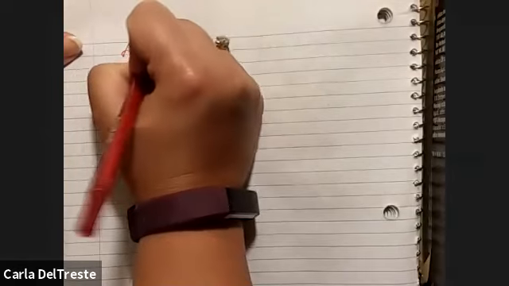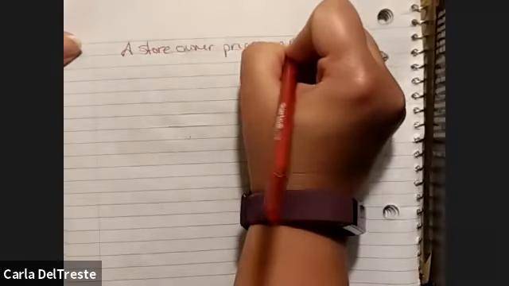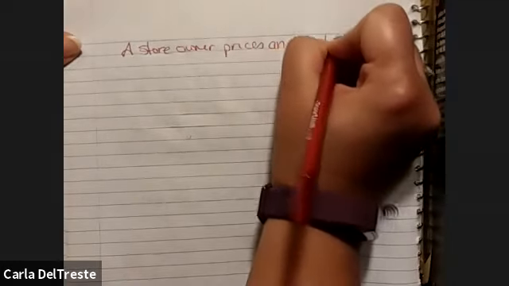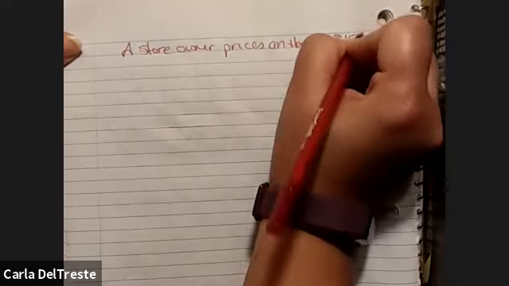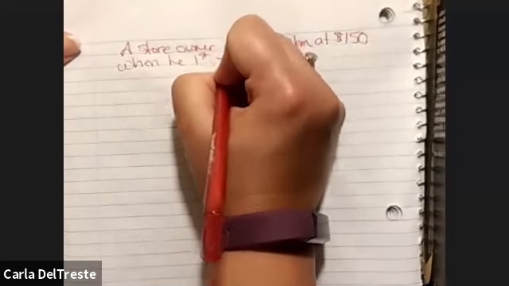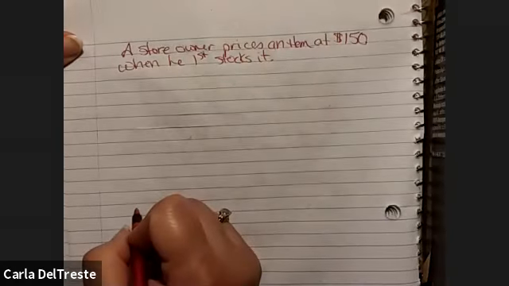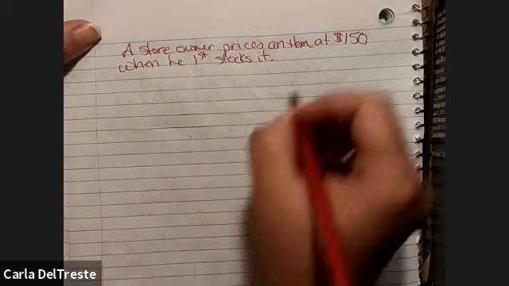Oh, here we go. A store owner prices an item at $150 when he first stocks it. So he first puts it out, it costs $150 in his store.